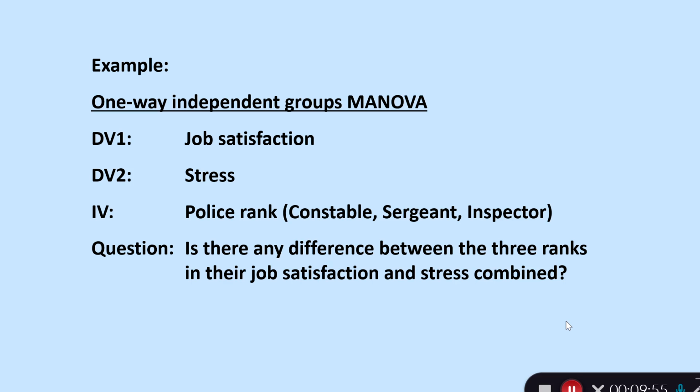And the independent variable in this case is police rank, so constable, sergeant, or inspector. So we've got three levels, three conditions of the independent variable, and we've got two different DVs. And the question we're asking is, with a MANOVA, is there any difference between the three ranks in their job satisfaction and stress combined?